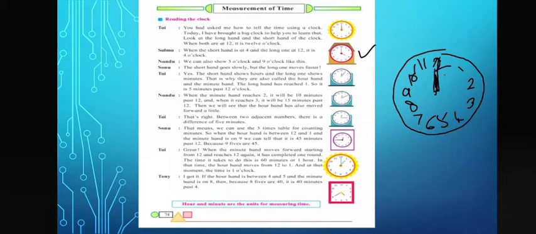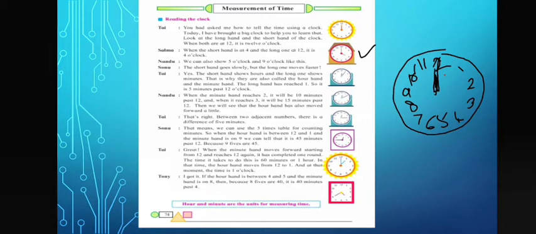When the hour hand is at 12 and the minute hand is at 9, we can tell that it is 45 minutes past 12 because 9 fives are 45. Great. When the minute hand moves forward, starting from 12 and reaches 12 again, it has completed one round. The time it takes to do this is 60 minutes or 1 hour.